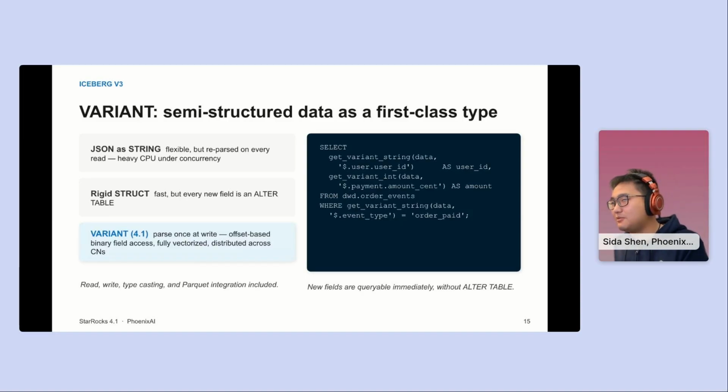Variant gives us a great combination of both. It gives us a binary that's both flexible and that we can compute in a vectorized fashion, distributed across all of the CNs, and within each compute node we can process it in parallel with multiple threads, in mini batches. Now we support reading those semi-structured data files, the variant data format, in Apache Iceberg.